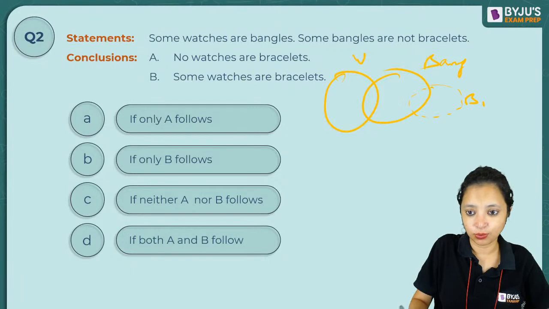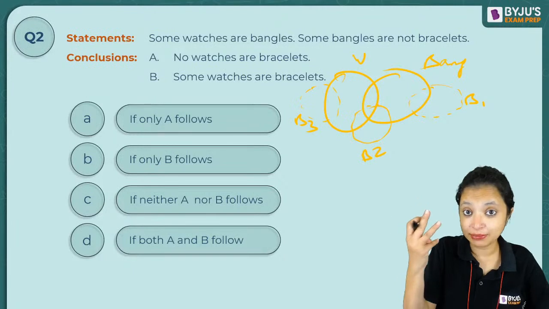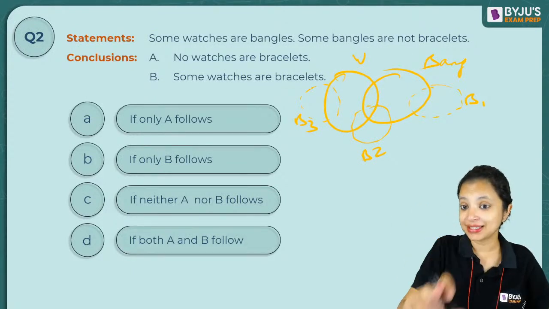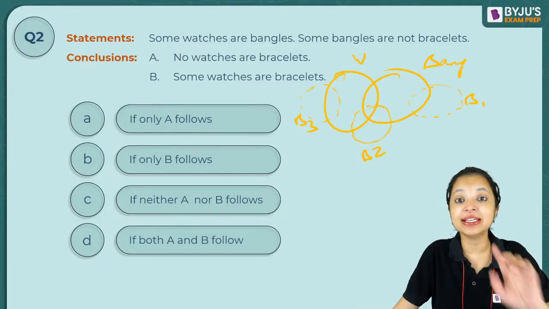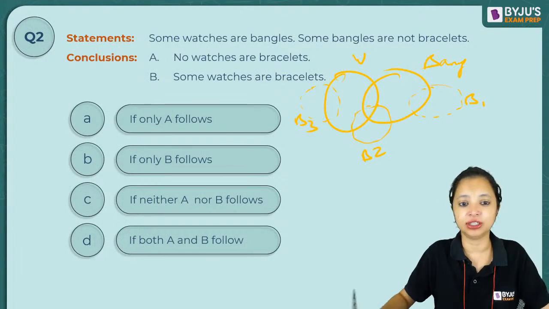This is bracelet 1. This is bracelet 2. And this is bracelet 3. There are 3 possibilities of bracelets. In all 3 of them, some bangles are not bracelets is correct. Do you agree? Now let's come to the conclusions.